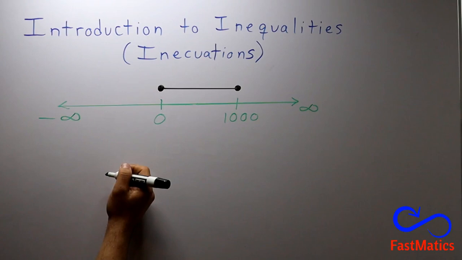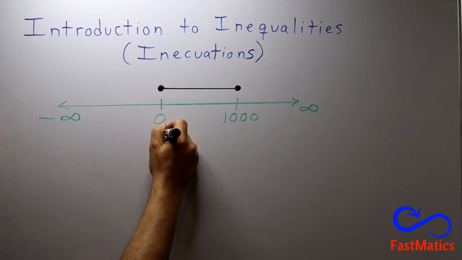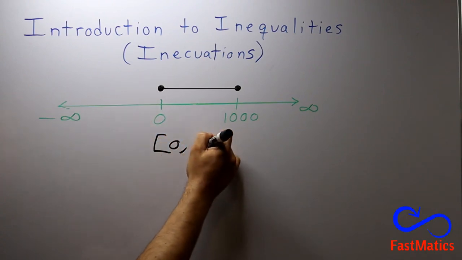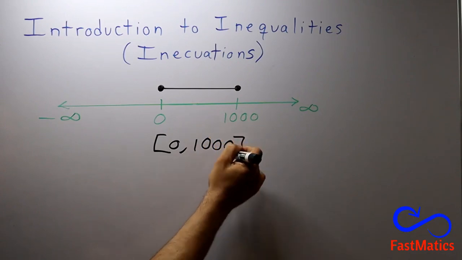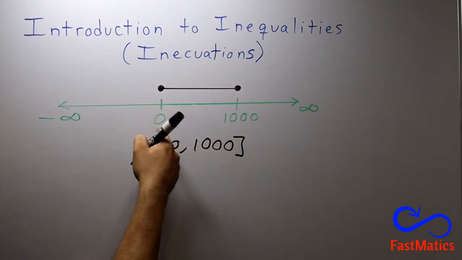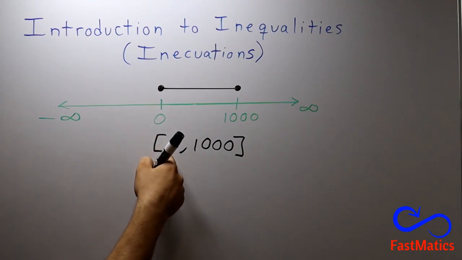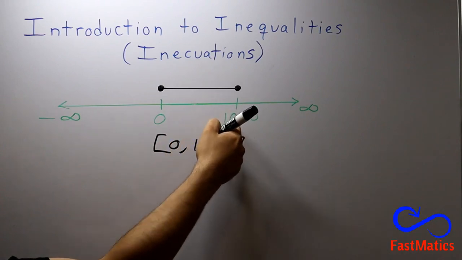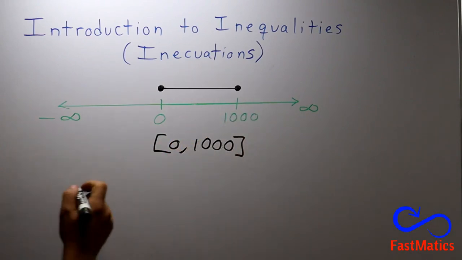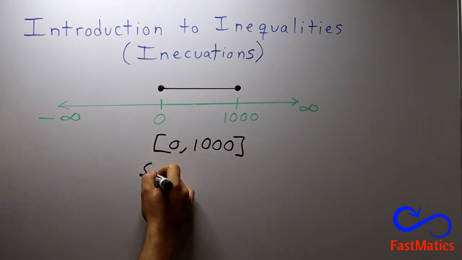Another way of representing it is from 0 to 1,000. And when you have a dot here, you are going to put brackets. Otherwise, you put parentheses. That means that the 0 is considered in the answer and the 1,000 is considered in the answer.